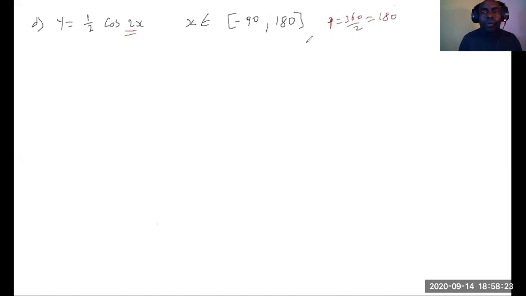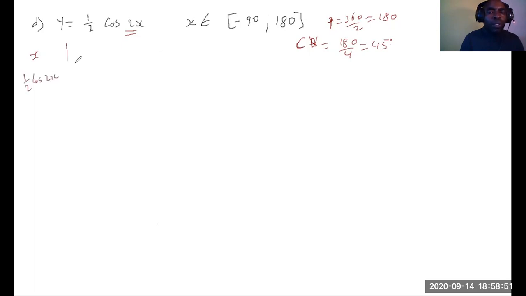Then our critical values will be 180 divided by 4, which gives us 45. So our jump will be by 45 degrees.